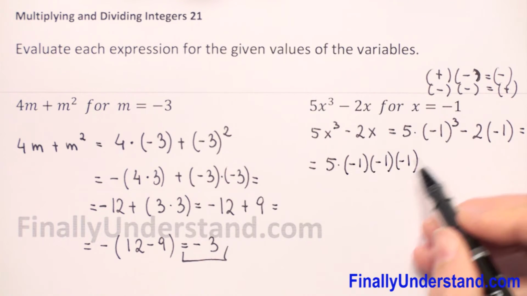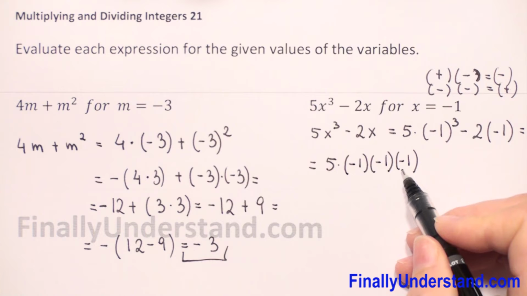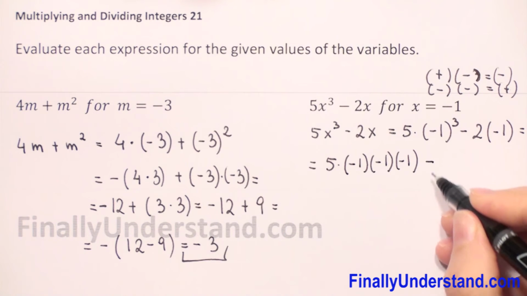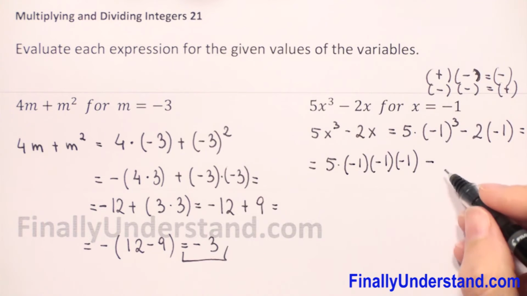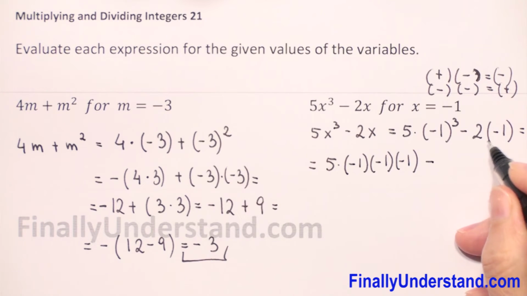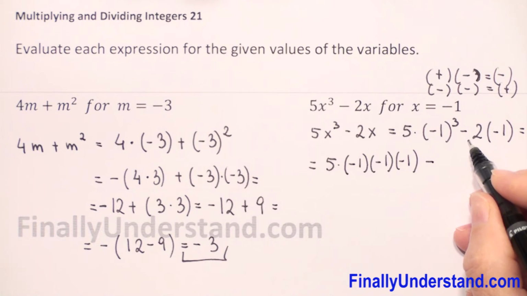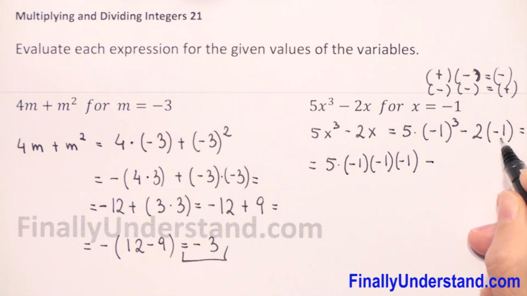Because the power is 3, we have to have 3 times -1, minus, and we have 2 times -1. Before 2 we have a negative sign. So we have -2 times -1.